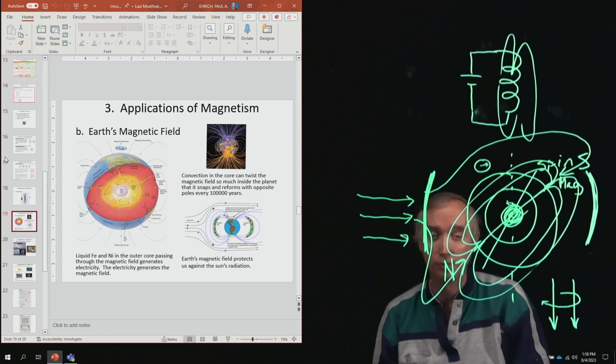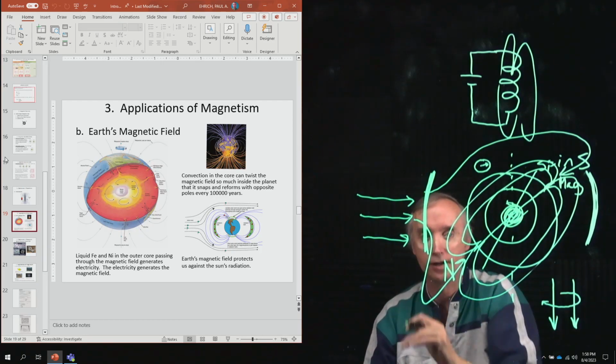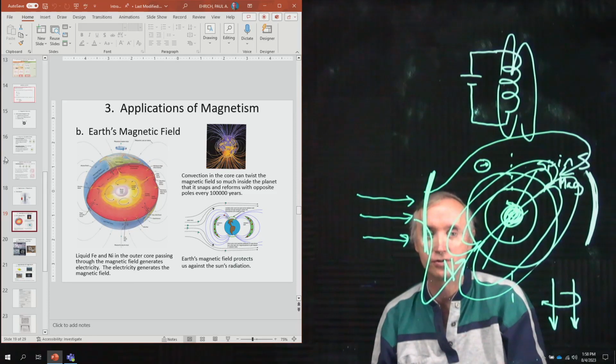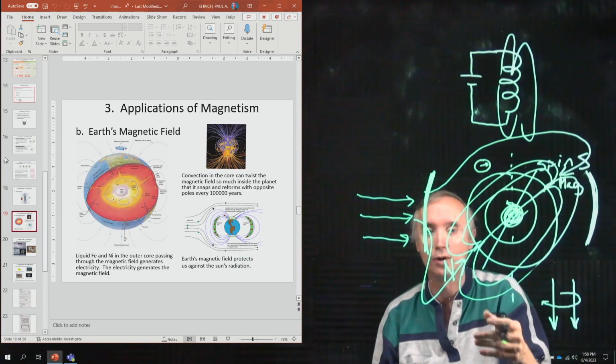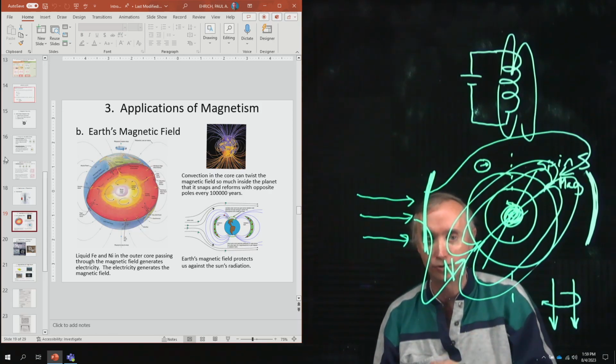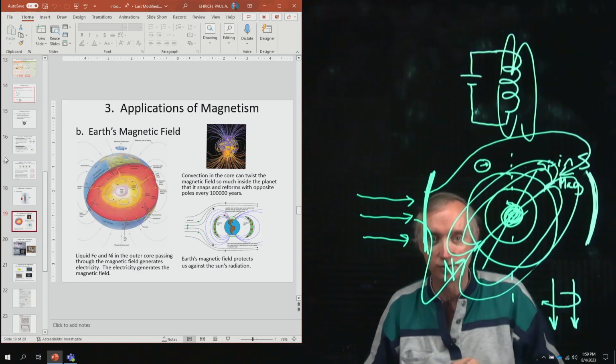However, there was a group of astronauts that went through the Van Allen radiation belts, and they were irradiated. And they didn't have the shielding, and when they came back, one of them was so irradiated that he caught on fire. Another one was so irradiated that he turned into a rock-like creature. Another one was so irradiated that he was able to stretch out his arms for long distances.